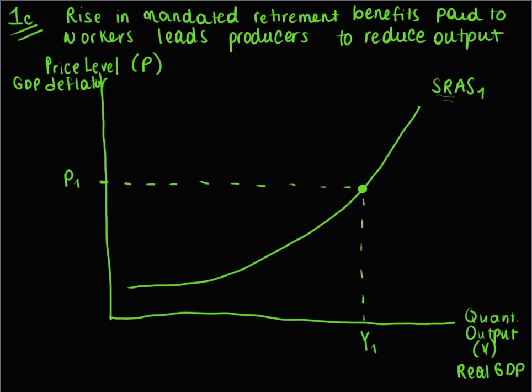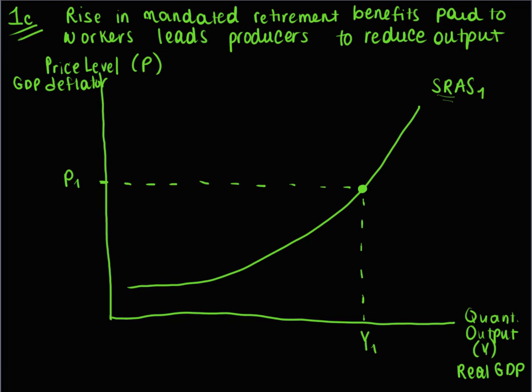No need to draw a new supply curve. However, if my suppliers are going to supply a different quantity as a result of a change in any other factor, then I am going to draw a shift. So because my suppliers are not going to change because of a change in the price level, but are instead going to change as a result of this rise in mandated retirement benefits, I am talking about a shift.